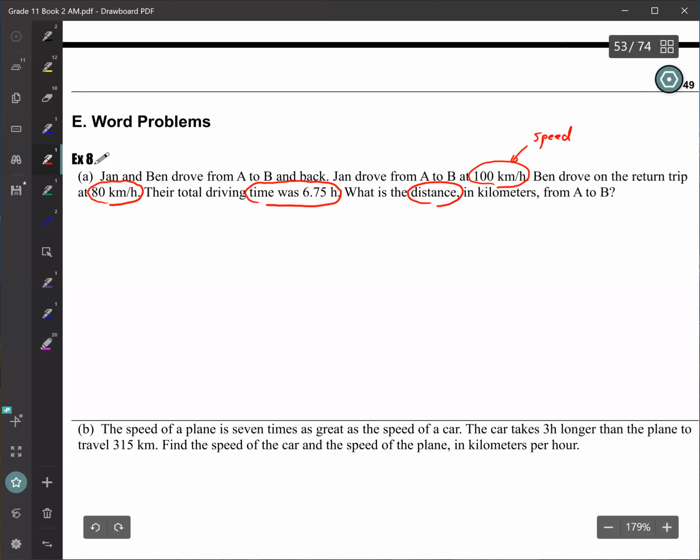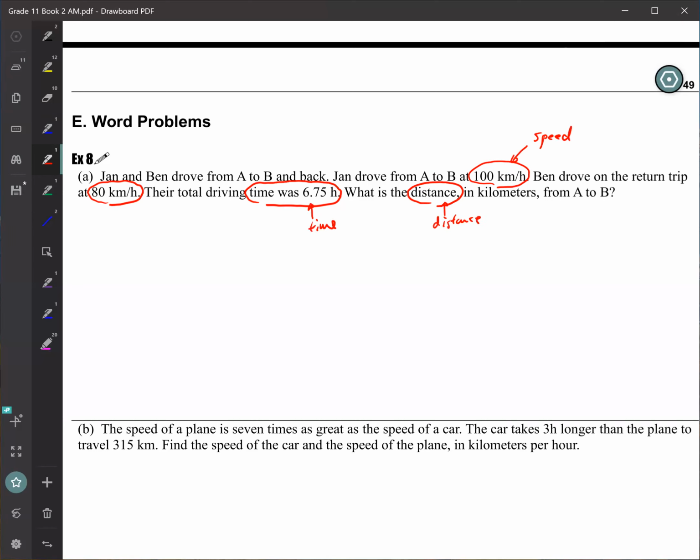So probably in science or physics, you have learned the relationship between these three things. Does anyone remember how we connect these three things together? Is it the speed, time, distance chart? Yeah, what does that chart look like?